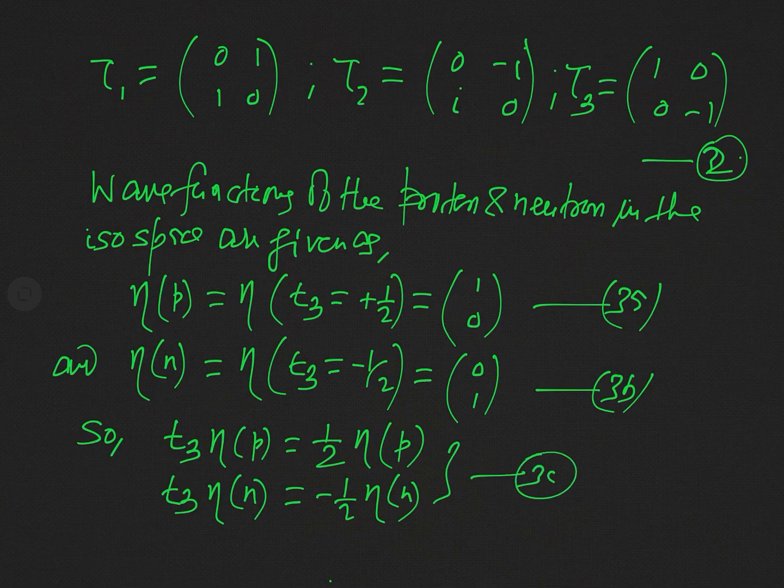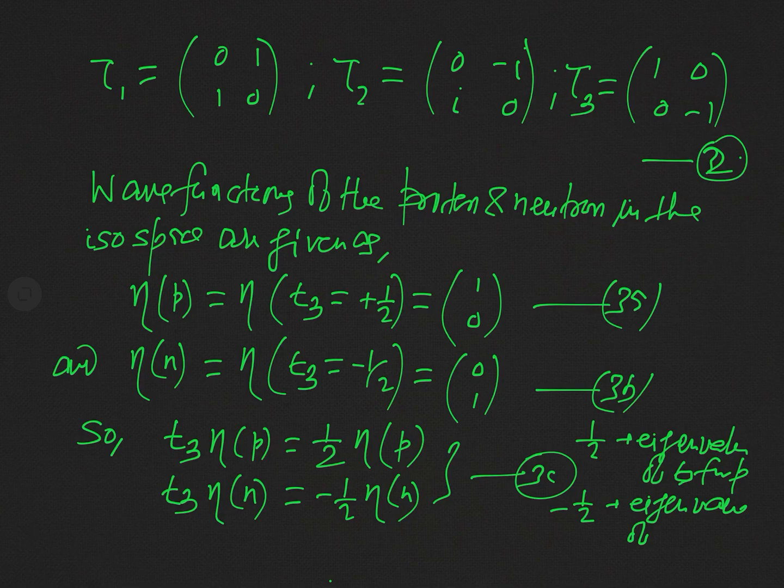You can see this is nothing but eigenvalue equation, and here 1 by 2 is the eigenvalue of T3 for proton, and minus half is the eigenvalue of T3 for neutron. So these are simply the eigenvalue equations for this operator T3.